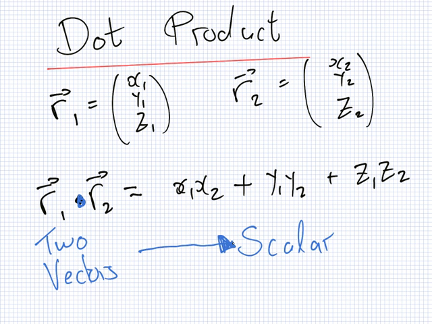Okay, so if we write this down, this is the definition. I suppose the definition is this formula, and I'm just pointing out that it takes two vectors and gives back a scalar. The direction is lost.